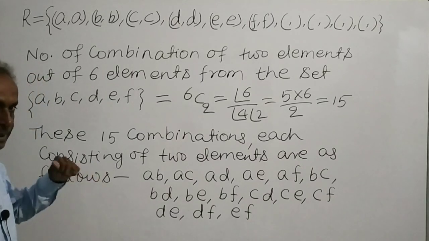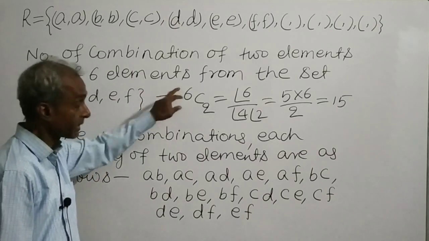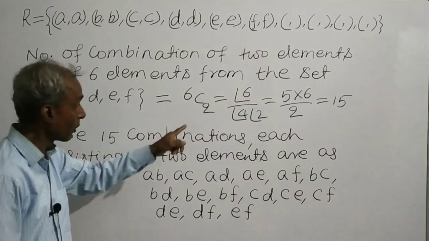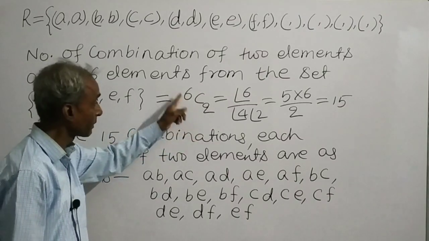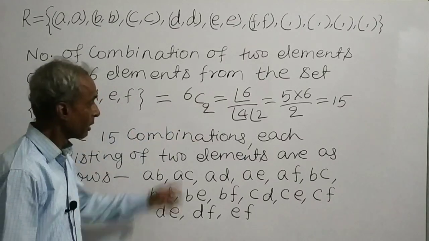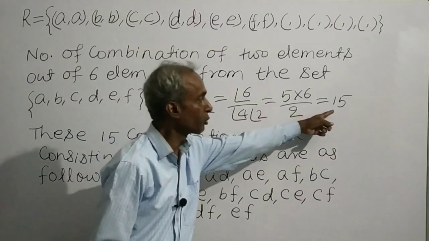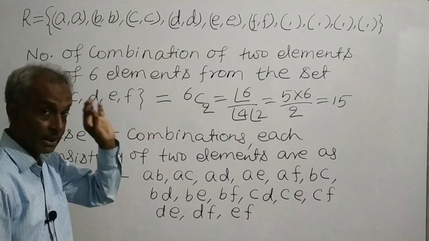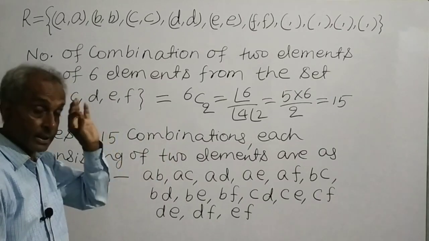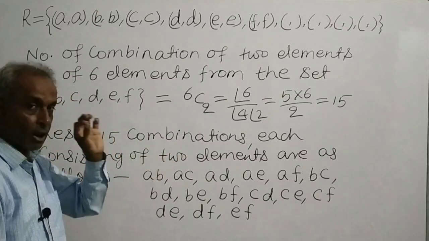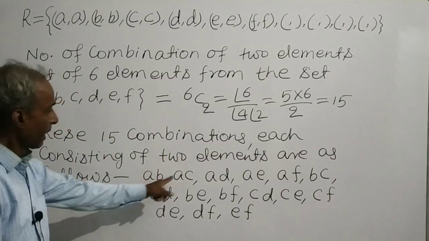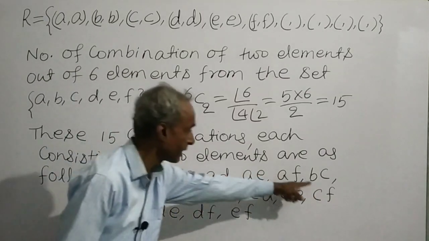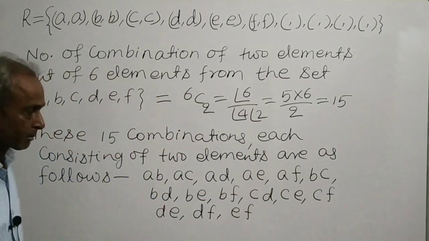The number of combinations of six things taken two at a time will be equal to 6C2. This will be equal to 15. These 15 combinations, each consisting of two things, are written here.